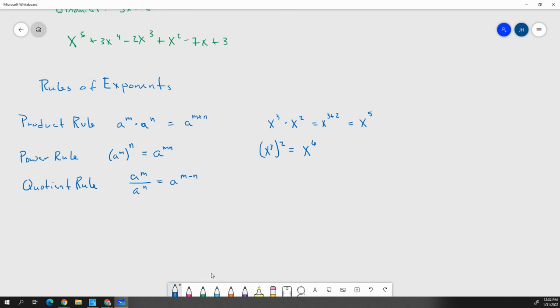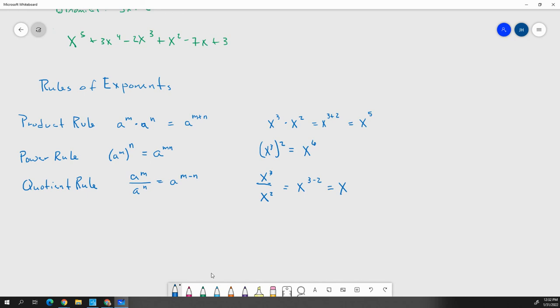So if I have x cubed over x squared, it equals x to the 3rd minus 2, which is just x.